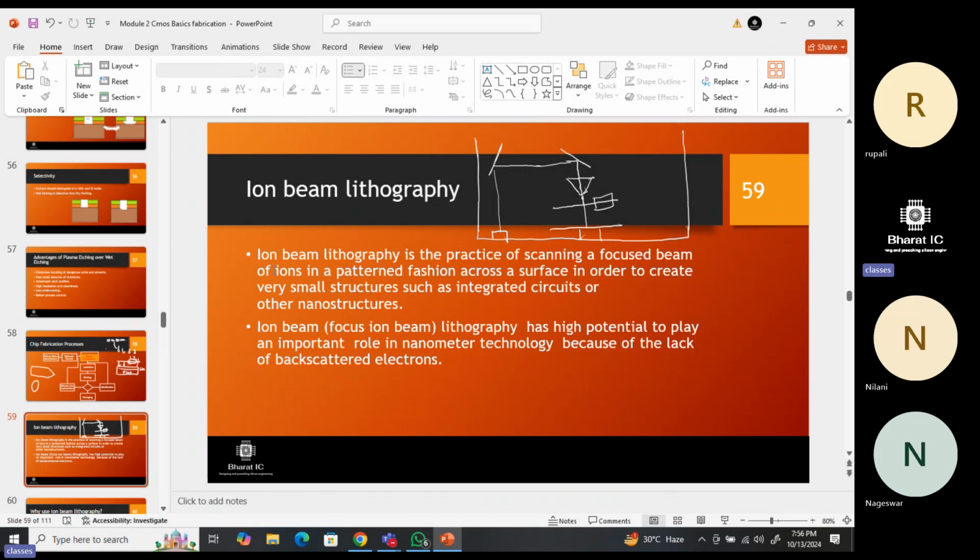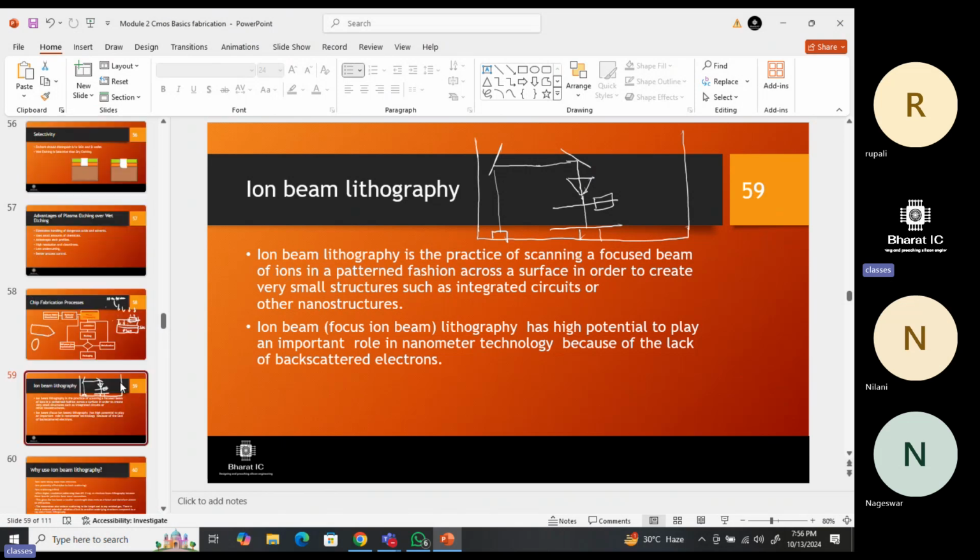Ion beam lithography is a practice of scanning a focused beam of ions in a patterned fashion across the surface in order to create a nanostructure. Ion beam lithography has high potential to play an important role in nanometer technology because of the lack of backscattered electrons. You can tell them this definition. This is the definition of ion beam lithography.